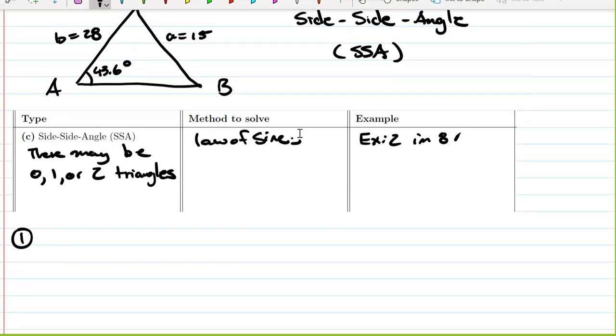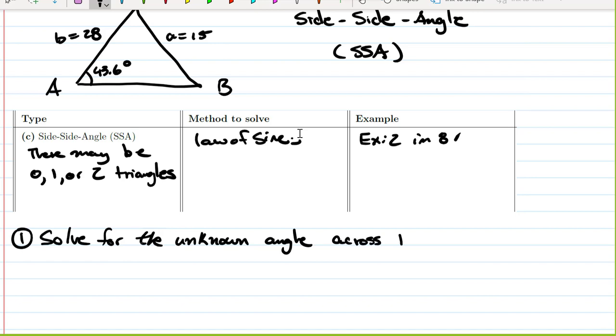So our first step is solve for the unknown angle across from the known side.